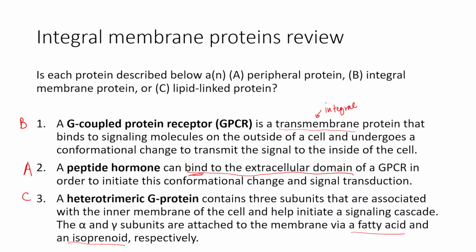The different types of isoprenoids that you'll sometimes see, which I think I mentioned the names of, are farnesyl and geranyl, which are both derived from isoprene.